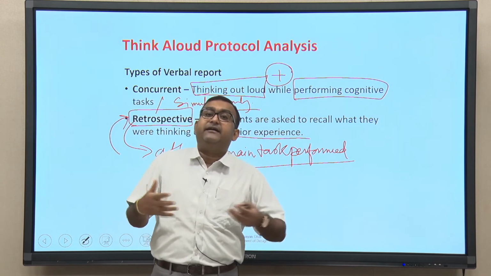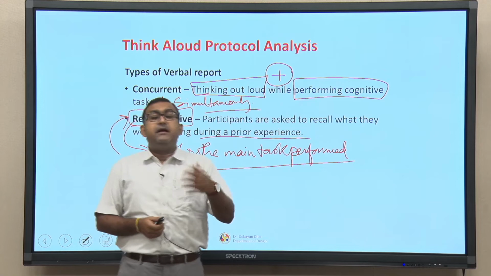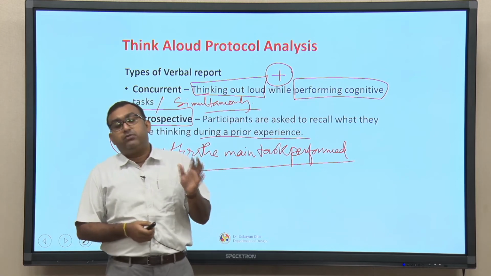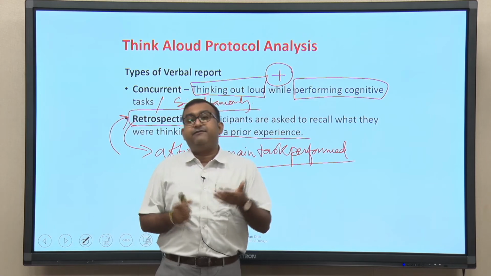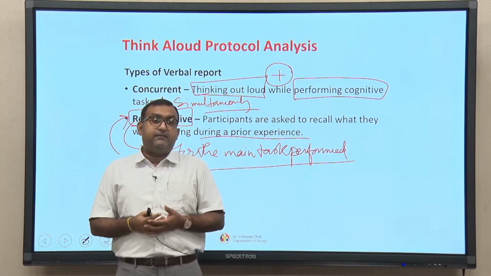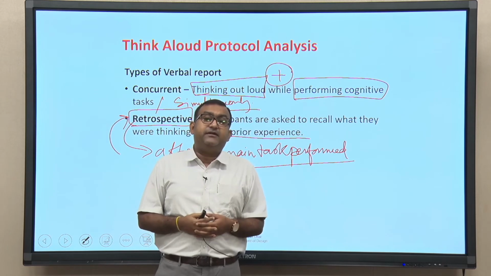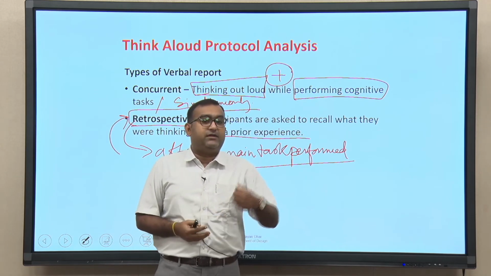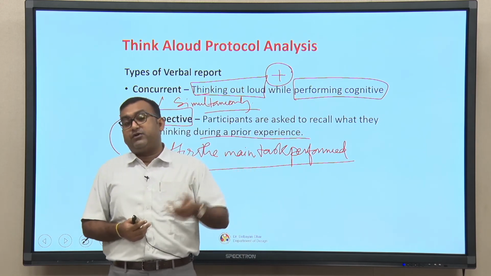Now, these are different lines of argument in the literature which you would find, but based on your requirement, if your task is information heavy, or highly decision oriented, where a lot of decisions are happening based on processing of information by the respondents, you might take a call whether you would like to go for a retrospective verbal report, or for a concurrent report.